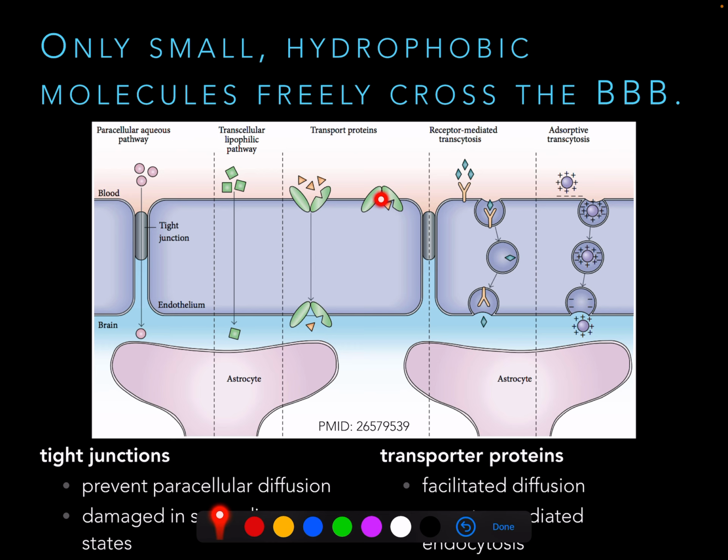This is very efficient. We can also do receptor-mediated transcytosis. This is useful for bringing insulin into the brain. We can also just engulf it. We don't necessarily need a receptor. But let's focus on our transporter proteins, because this is how we're going to transport glucose into the brain. And that's how we're going to pay the bill.